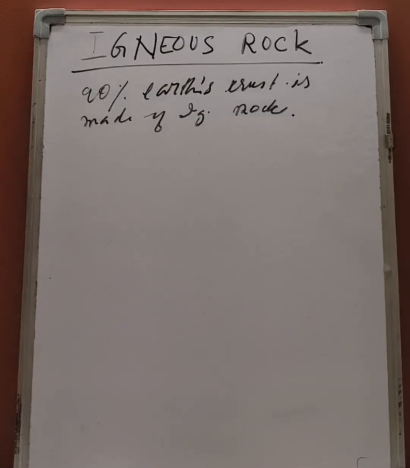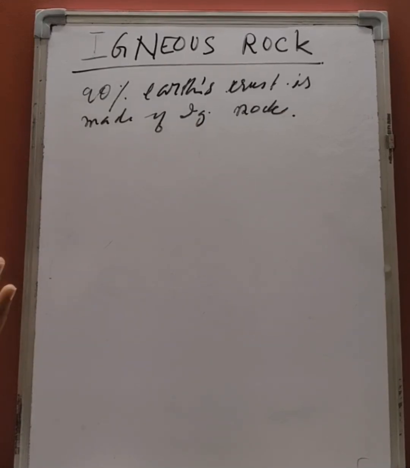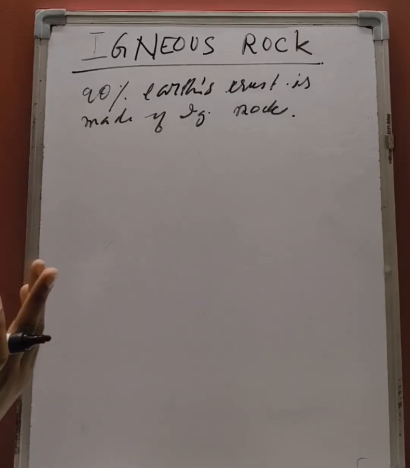When it comes out, it loses those gases and some amount of water also. After that process, the magma comes to be known as lava. This is the way the first formation of igneous rock is done.